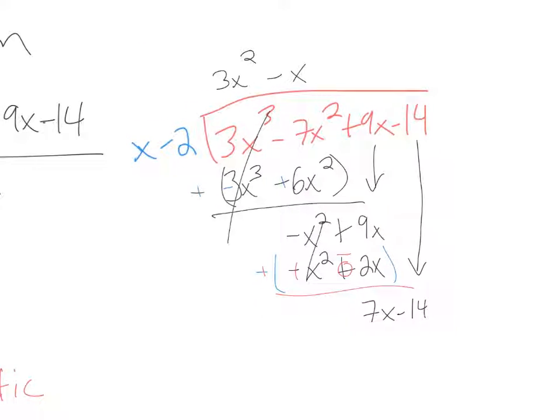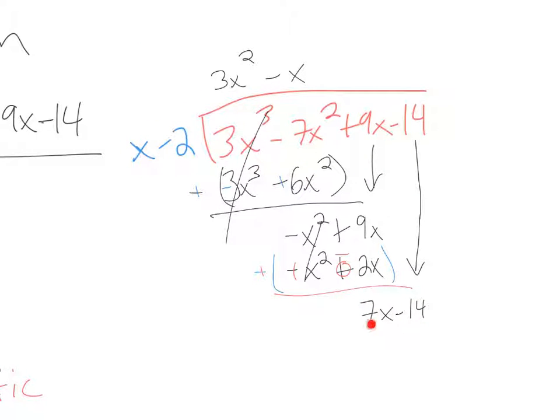Okay, and now the question becomes, how many times does x go into 7x? Well, that would just be plus 7, or 7 times x actually makes 7x, and then 7 times negative 2 would make negative 14.